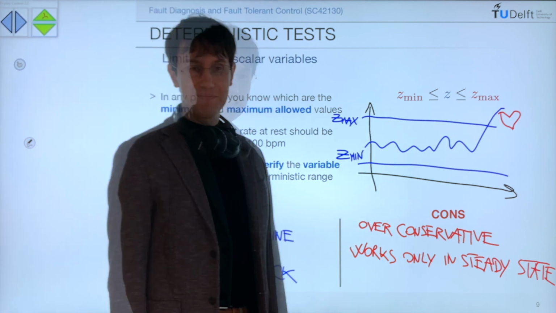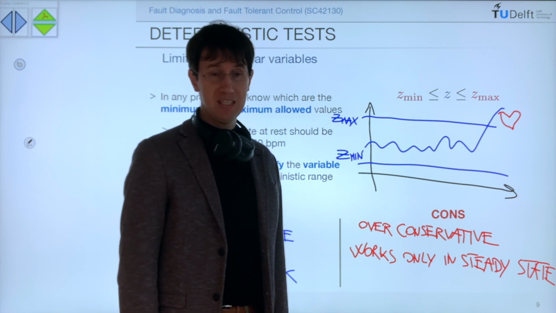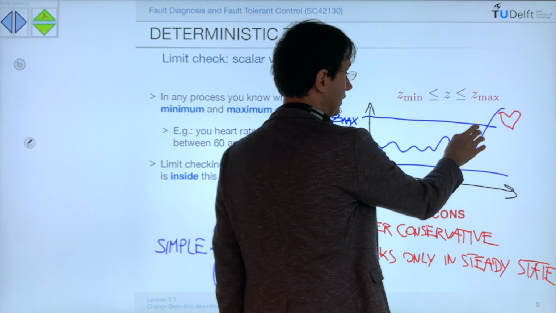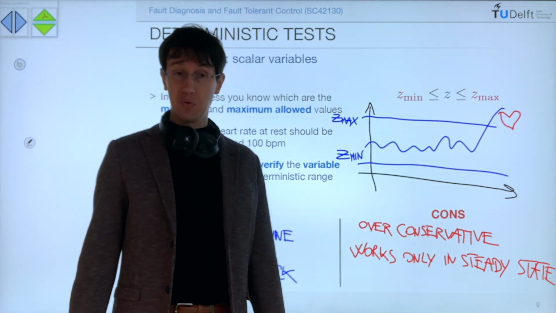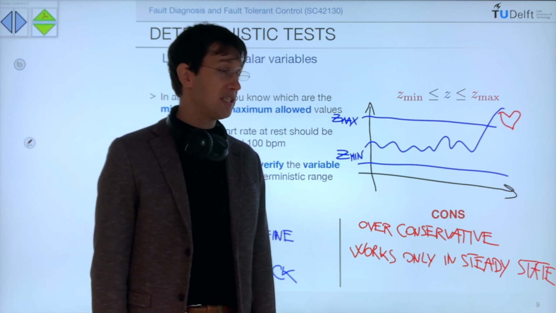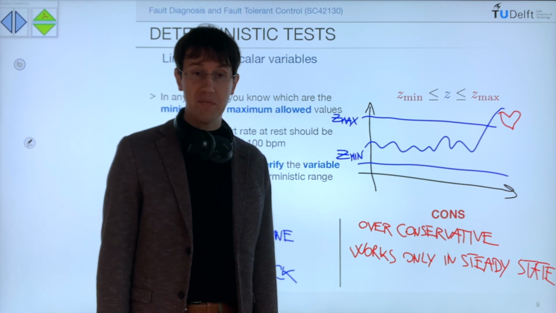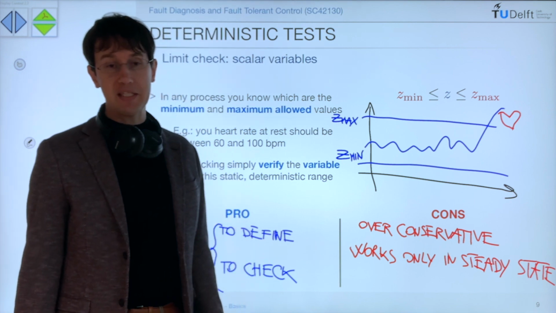On the other side, this kind of check is working only in steady state. As we just showed in this example, maybe your heart rate can get outside of this for some good and normal reason. If I start running, or if I get scared or whatever, I can get outside of this limit, but I am not ill.